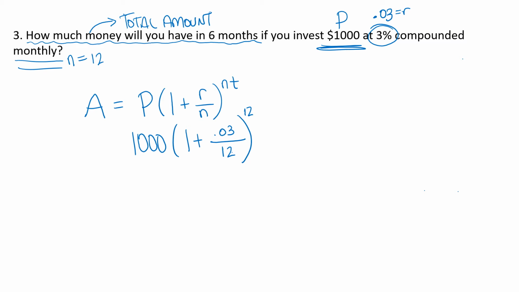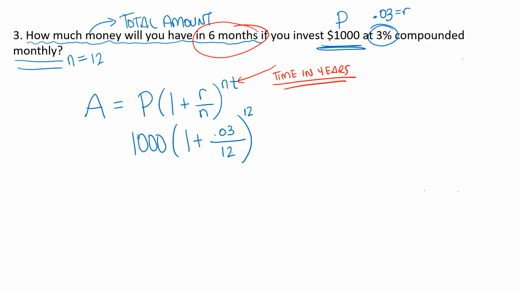What's my T? Going back to the problem, 6 months. But here's the trick. In this formula, we know that this is time in years. It's not time in months. It's always time in years.